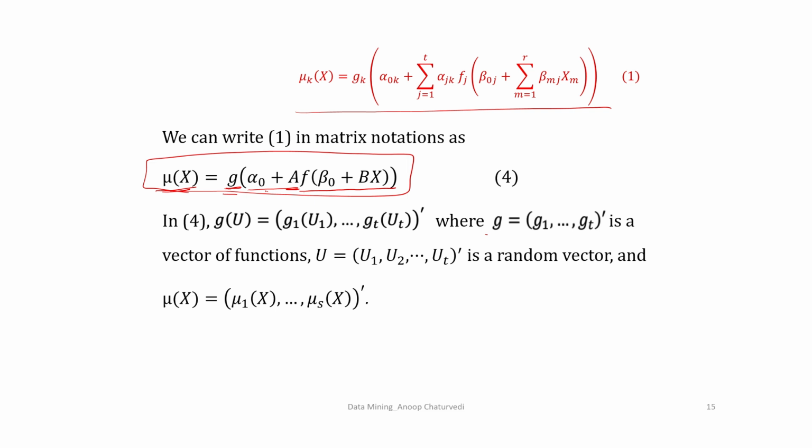So, you have this random vector, and then you have applied this vector of activation functions. Further, mu of x is equal to mu 1 of x, mu 2 of x, and so on up to mu s of x.